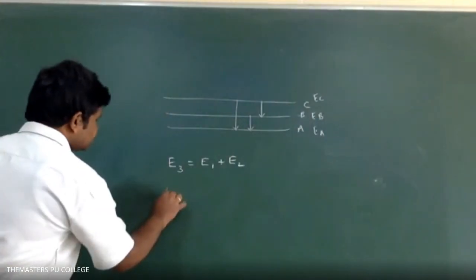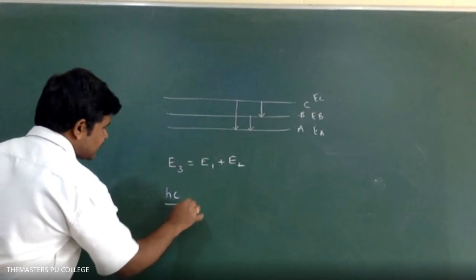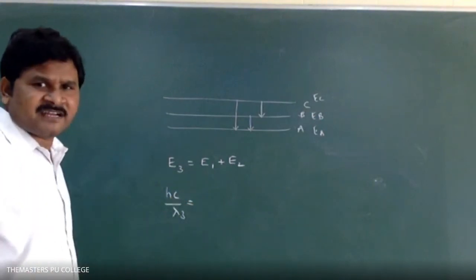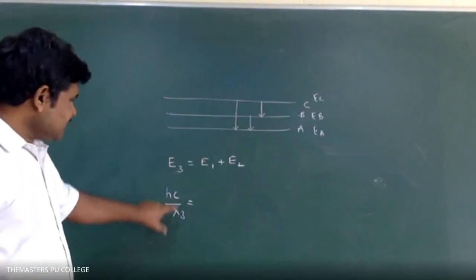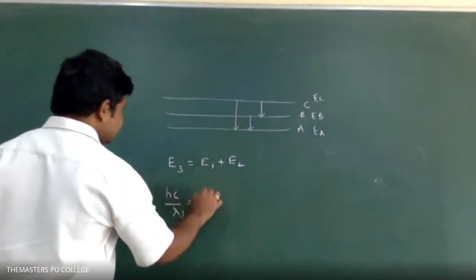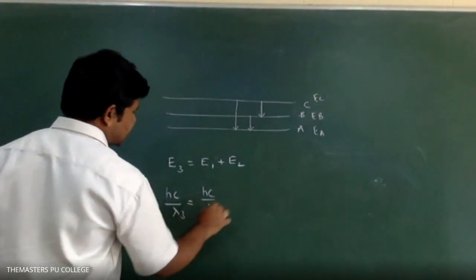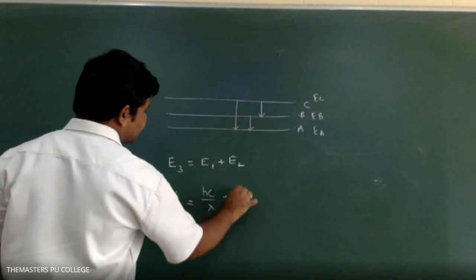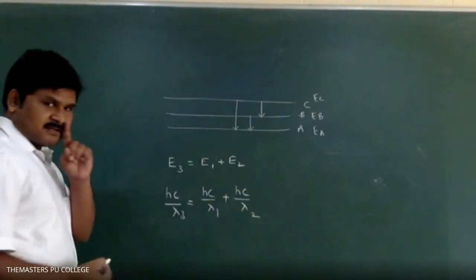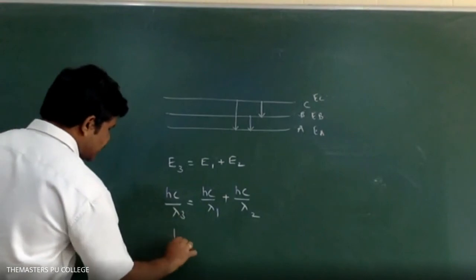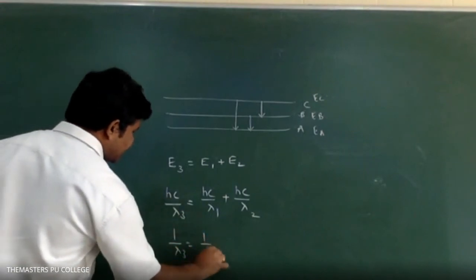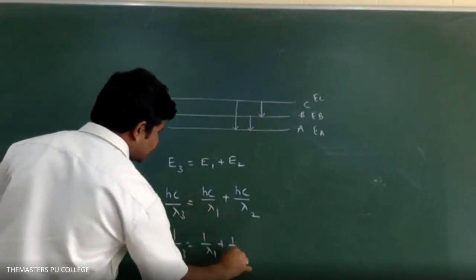E3 means hc by lambda 3 I will write, because E is equal to hc by lambda. So 1 by lambda 3 is equal to 1 by lambda 1 plus 1 by lambda 2.